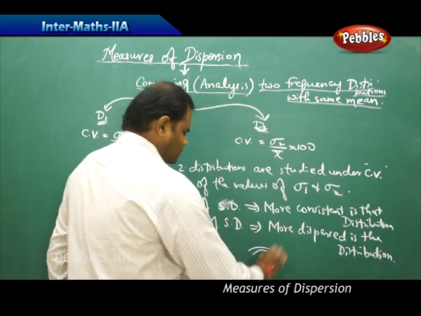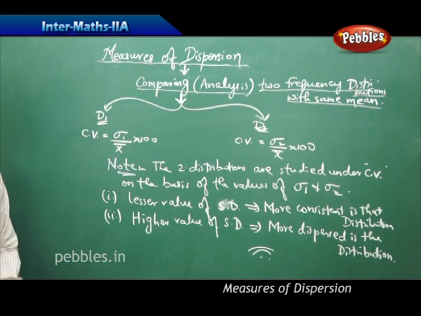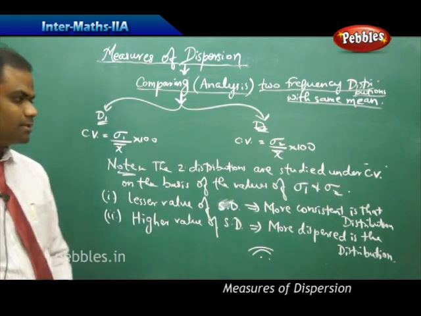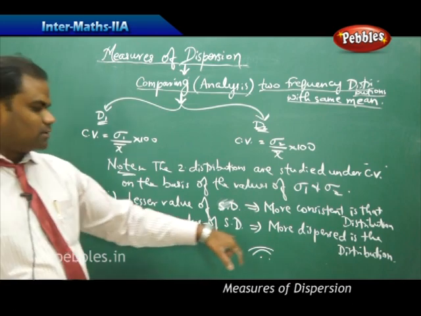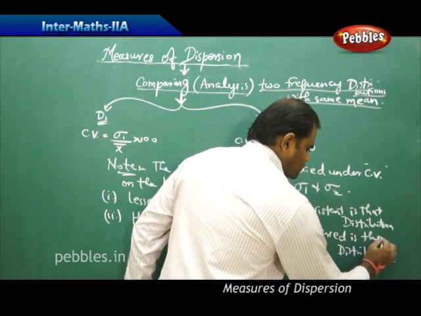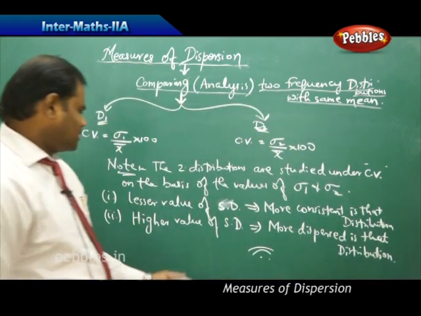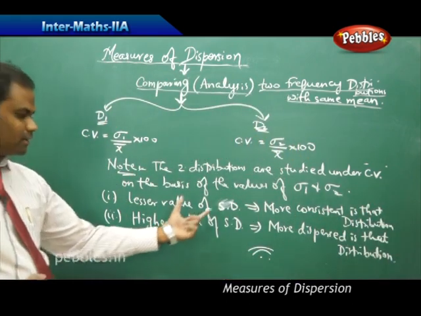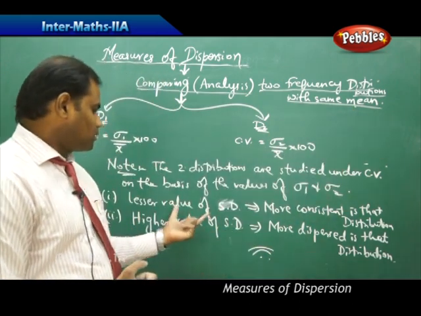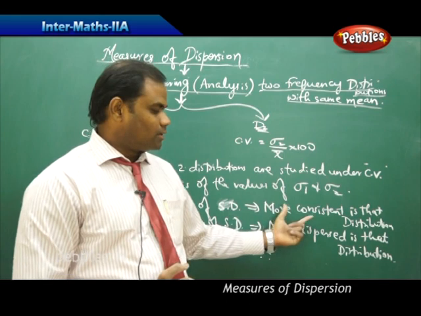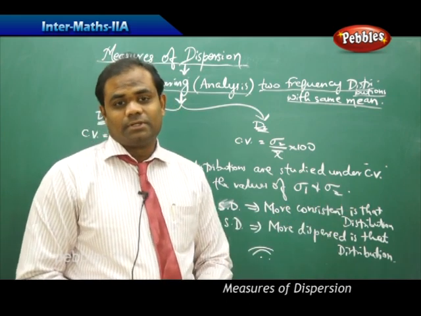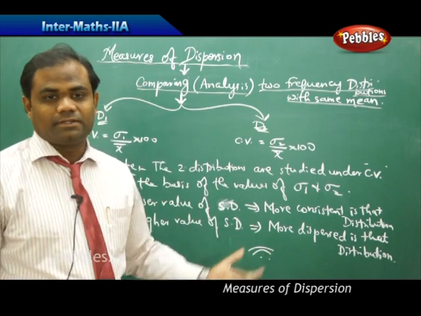That is how we study the two properties, where lesser value of this implies more consistent is the distribution, and higher value of this implies more dispersed is that distribution. So based on the greater or lesser values of standard deviation for fixed mean, we decide on the distribution being more consistent or more dispersed, is how we compare in this case.